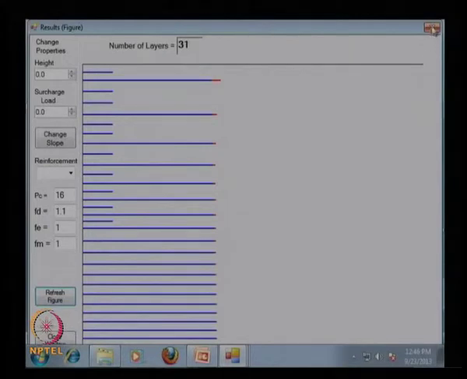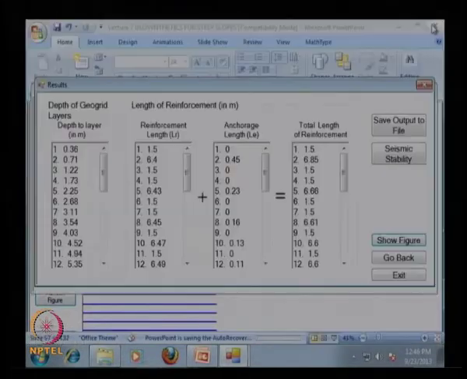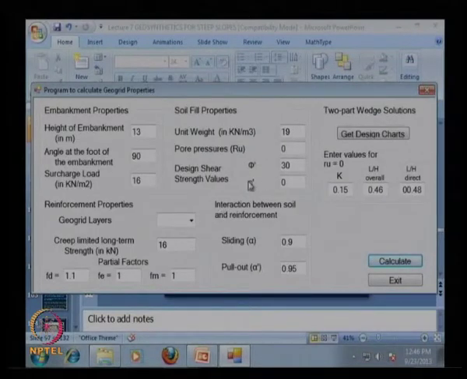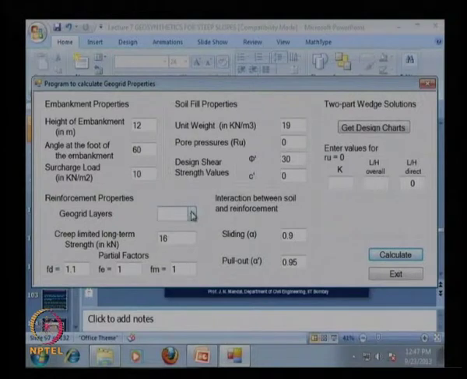So you can make use of this software for the mechanically stabilized reinforced soil wall, as well as for any steep slope as you like. Apart from that, you can also change the reinforcement strength.